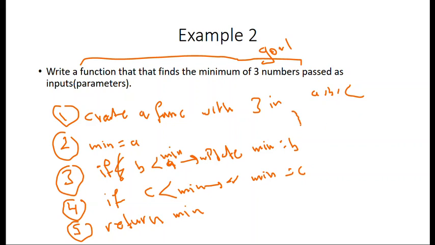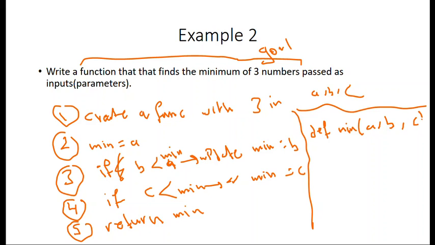So let's write the code for this one here. Let's go to the third step and write the code for this one. So we say def, let's name our function min, right? And takes 3 parameters, A, B, and C. We write a colon here to start defining the body of our function. We leave some white space here, to indicate that the statements we are about to write all belong to this function, right?